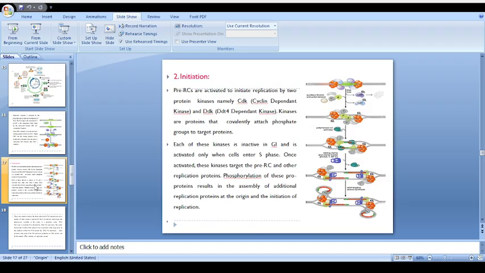Here, what is the target? It is phosphorylating two proteins, the G1 protein, which is entering the cell into S phase. So the phosphorylation of the protein further results in the assembly of additional replication proteins at the site of origin and starts the initiation of our replication.